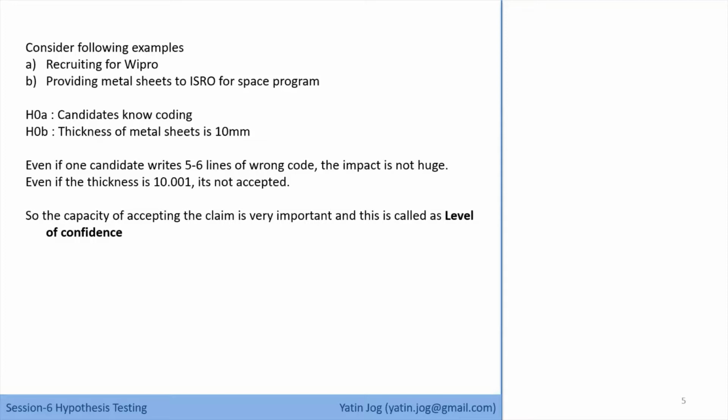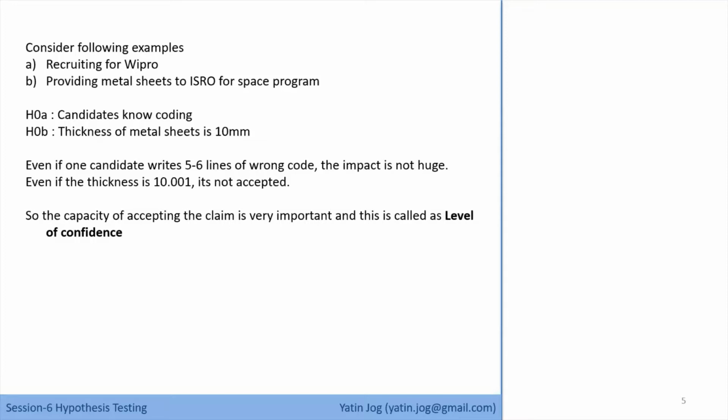So one iteration is less. So some problem is there. But still, looking at the overall code, the overall logic, the overall code structure, I may go ahead and select that candidate, even if the code is a bit wrong, and even if there are problems in the syntax and maybe semantics.